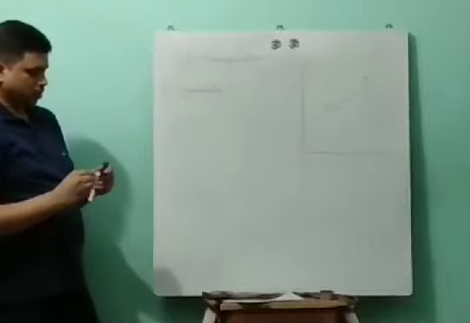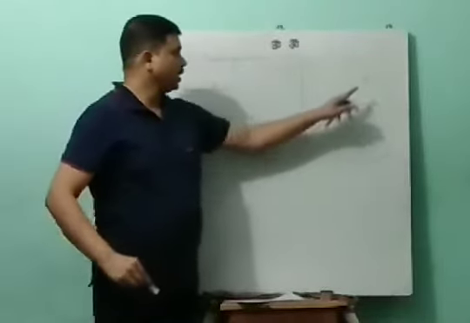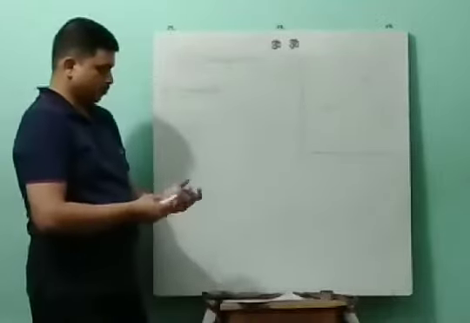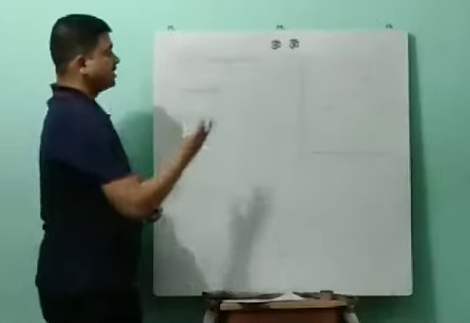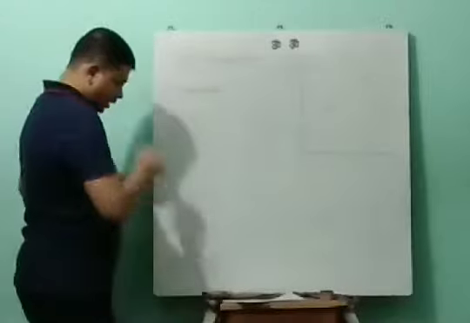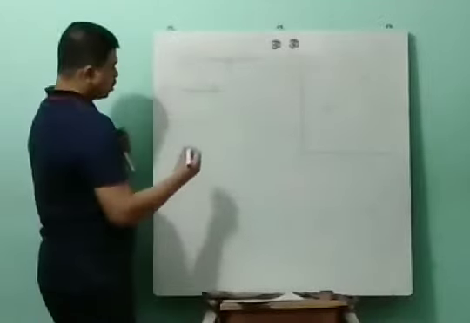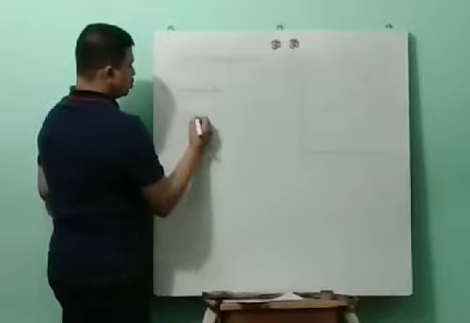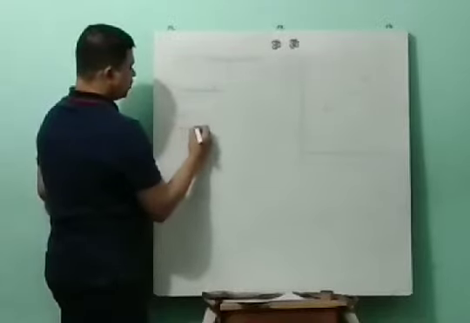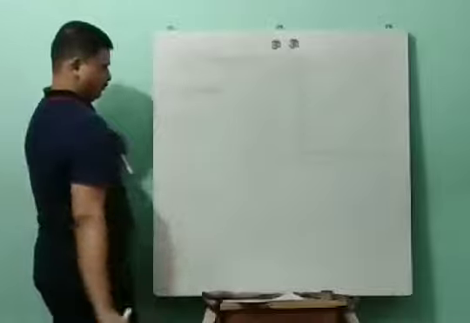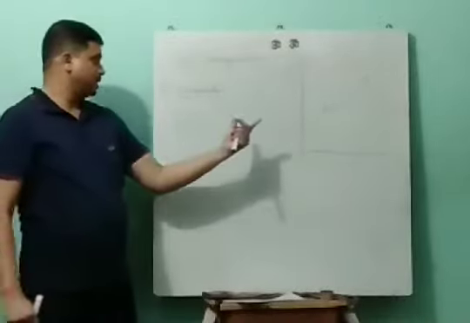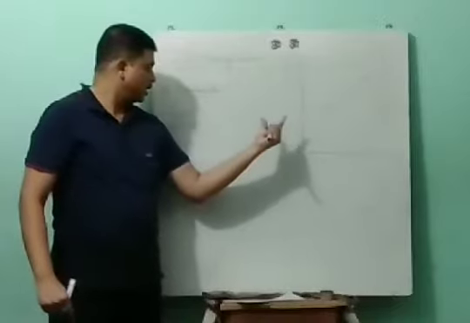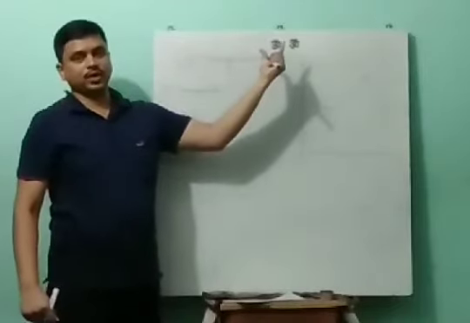So we should know the coordinates of P1 and the coordinates of P2. Then now the line is translated by a vector 2, 3, that is Tx equal to 2, Ty equal to 3. The entire line is translated in x direction by 2 units and then in y direction by 3 units.